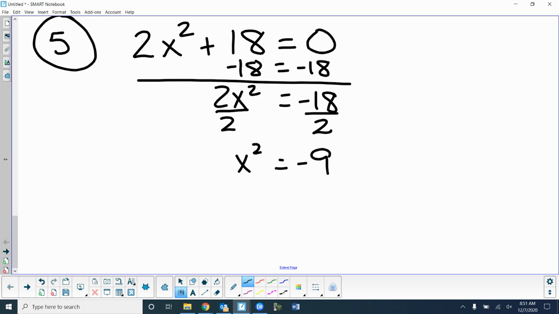So number 5 tomorrow is going to be just very similar. Well, this won't have a b value, like the b would be 0. So we're going to square root both sides. So don't forget our plus or minus. And what's the square root of 9? 3, but since it's negative, you got to have the i.